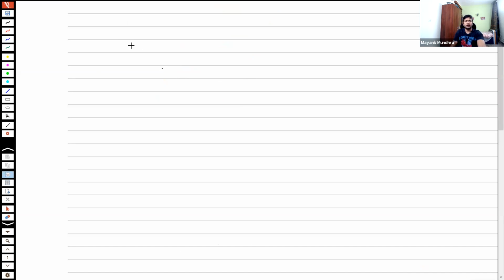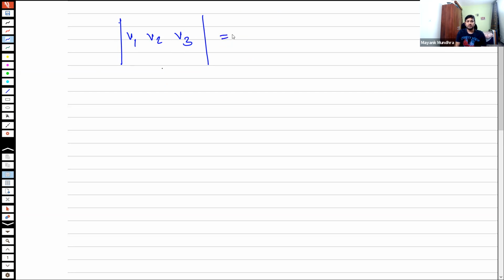So we were looking at determinants, and we did a few very nice properties of determinants. Suppose a determinant is vector v1, v2, v3, where v1, v2, v3 are column vectors.